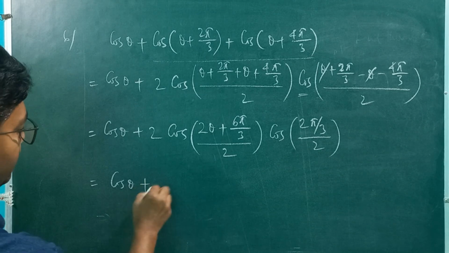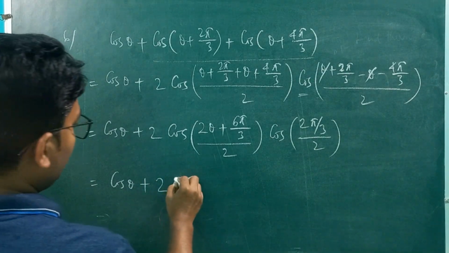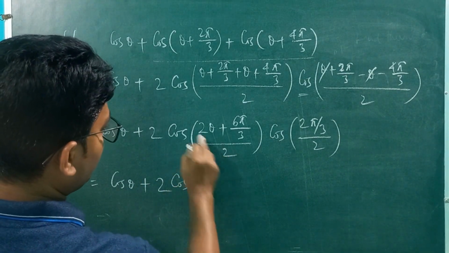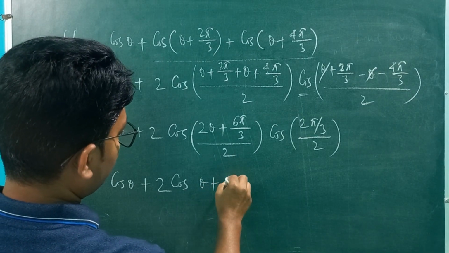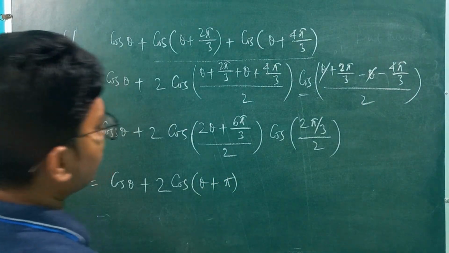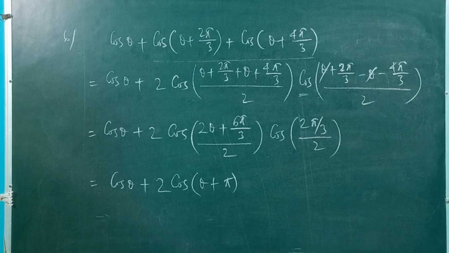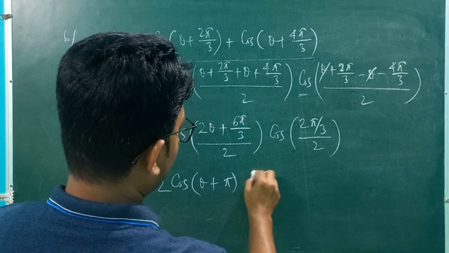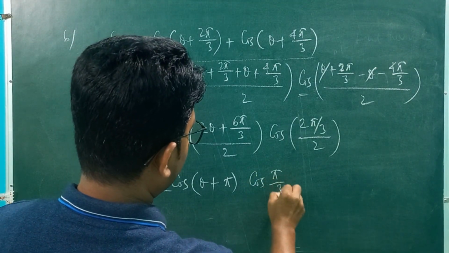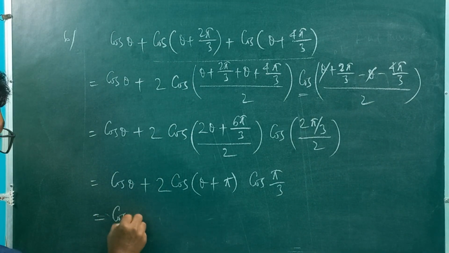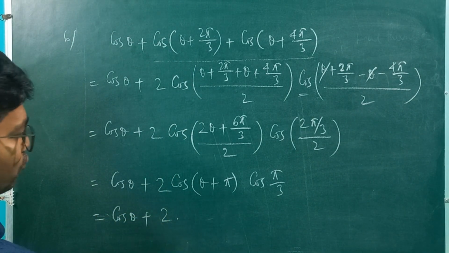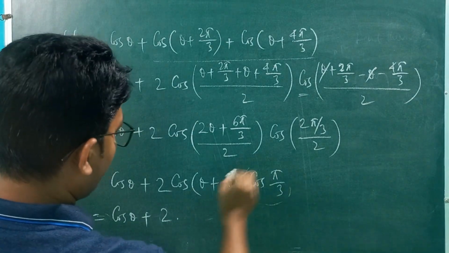Then what will you get? 2 cos, if you divide this, theta plus just pi, and this one cos pi by 3.